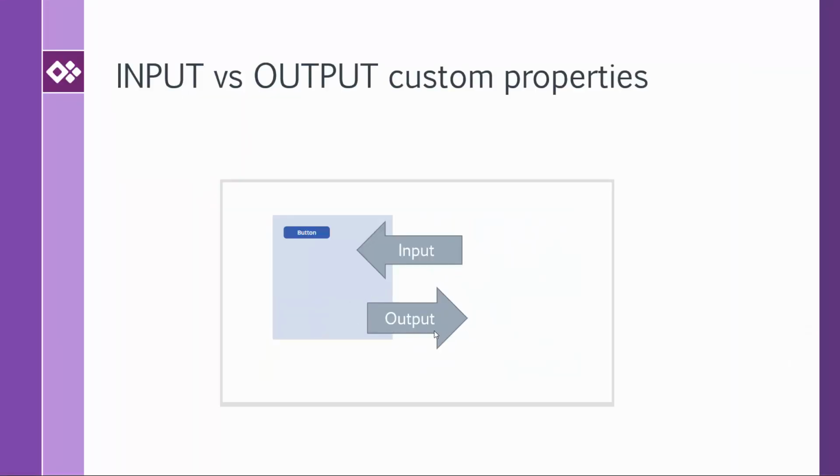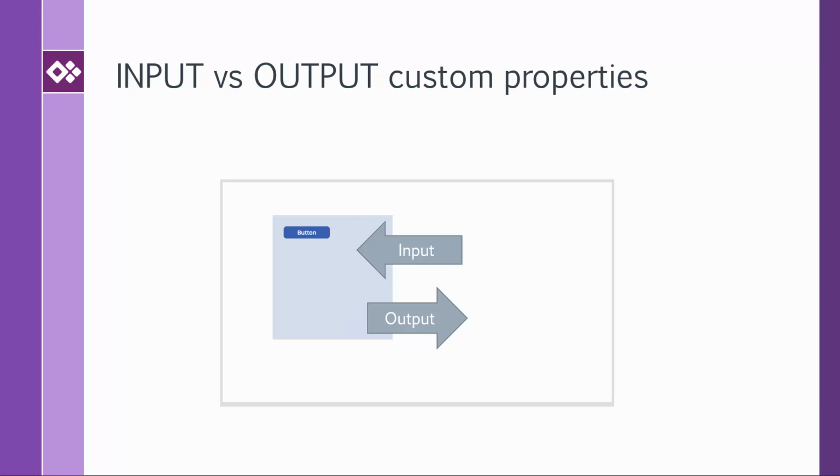So an output property basically can output the values from the component to the hosting app. And the opposite way, if you want to send some values from the app to the inside of the component, we need to specify input properties.